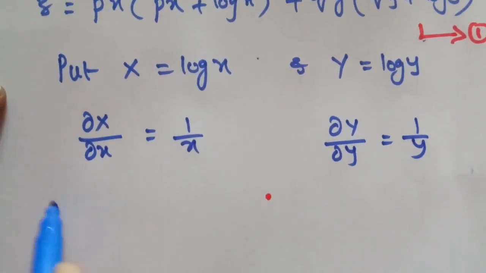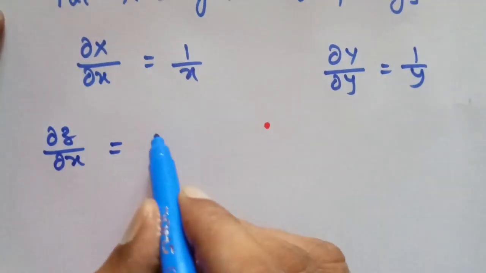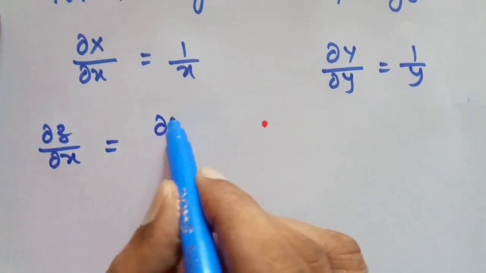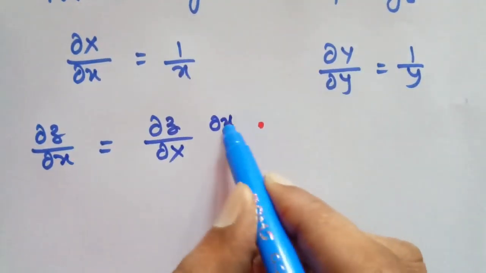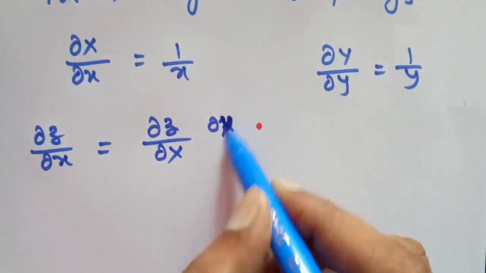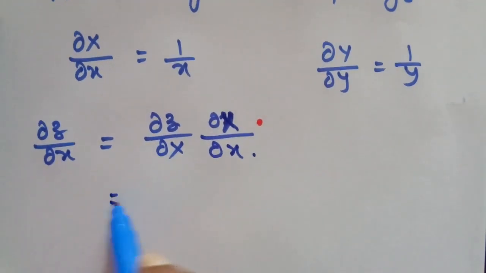Now, dou z by dou x is equal to, now here z is a function of capital X. Capital X is again a function of small x.